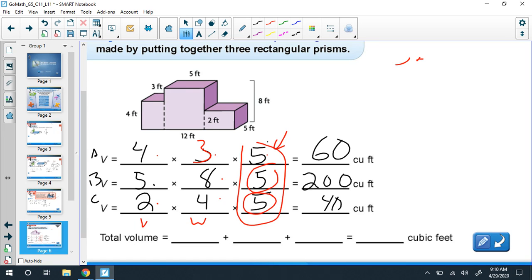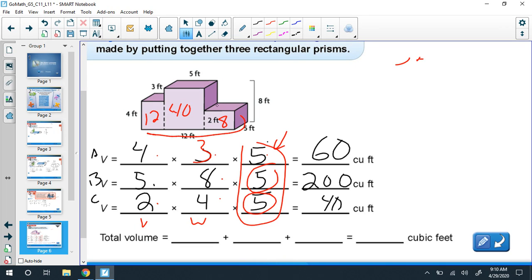So let's take a look at that idea. We're going to do A, B, and C again. So A we said was 4 by 3 here on the front, and 4 times 3 is 12. B we said was 5 by 8, and 5 by 8 is 40, right? So these faces that we see on the front have areas of 12 square feet, 40 square feet. We get to the last one, 2 by 4 is 8 square feet.